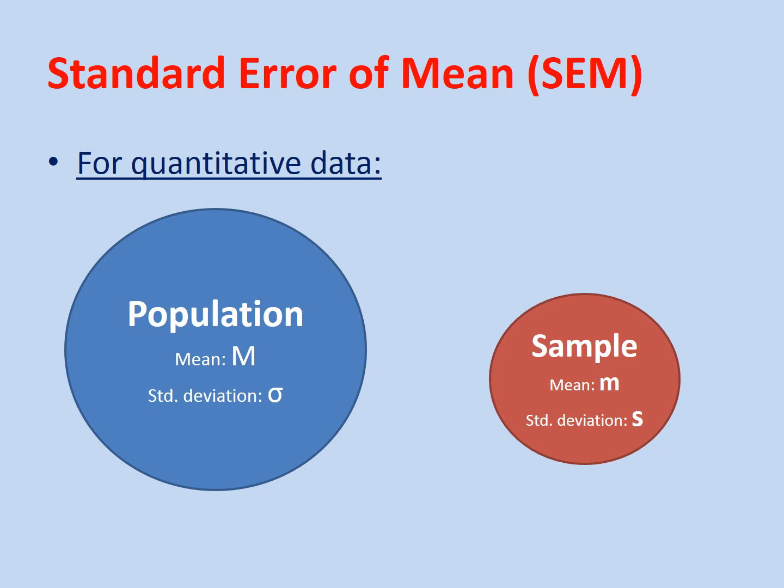Now on the screen you can see two big circles. One is a larger circle of blue color, named population, and the smaller circle in red color is named sample. As I explained the concept of sample, I will give you the same example again. If you want to measure the hemoglobin of 5000 women, that is economically not possible.